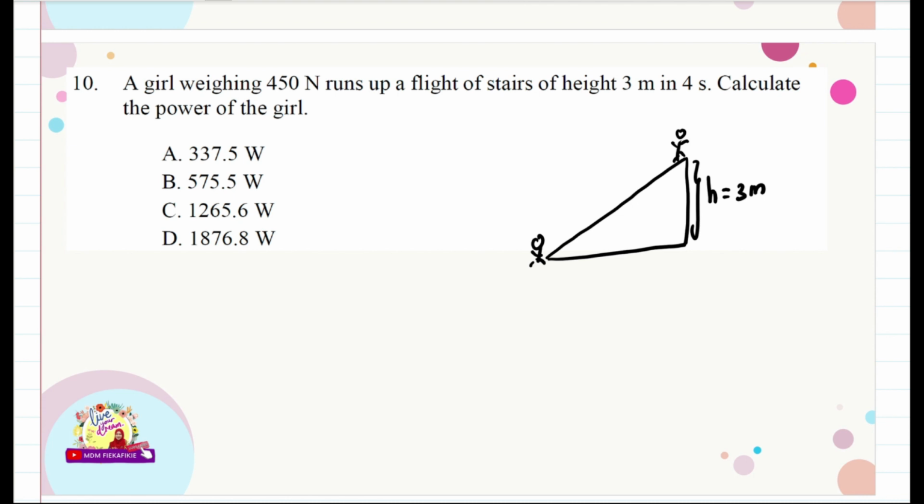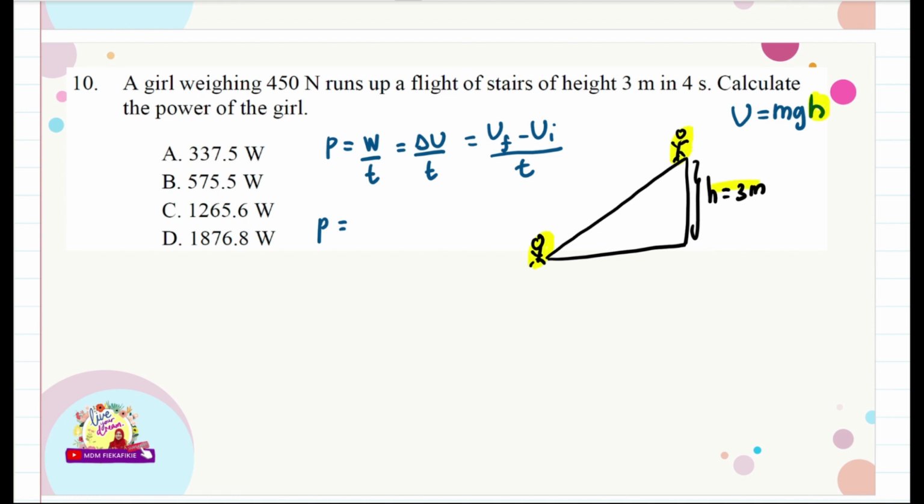So when you want to calculate power, the equation of power is the rate of work done, or power is equal to energy over T. Power is also equal to W over T. When there is a change in height, it means work is done. So work is equal to the change of potential energy, delta U, over T. So power is equal to U final minus U initial over T. What is the potential energy formula? U is mgh, because there is a change in height from the bottom going up, H is 3 meter.